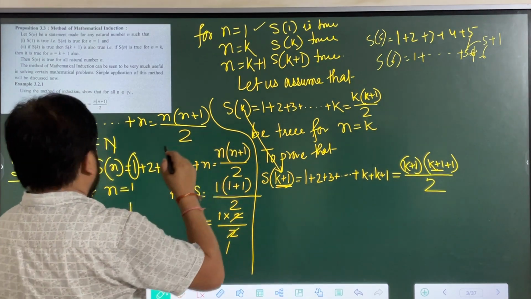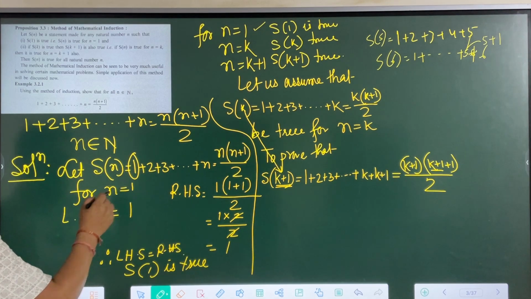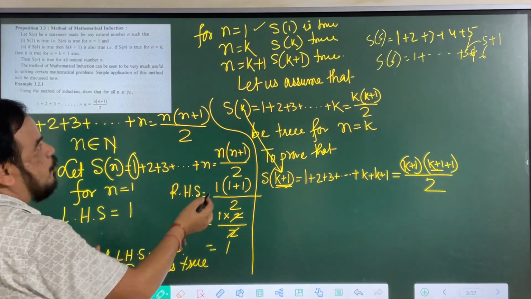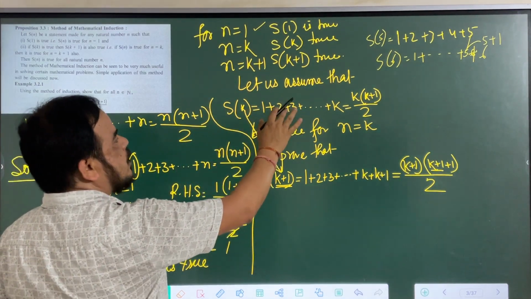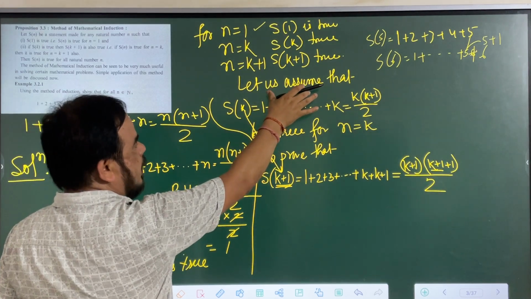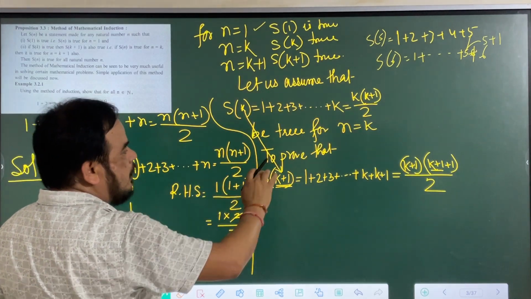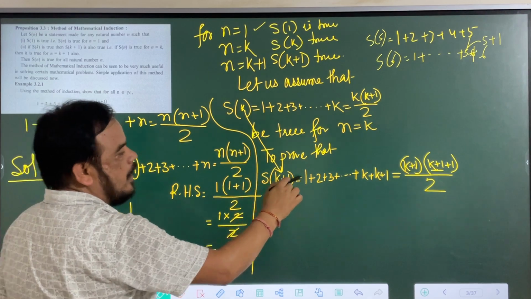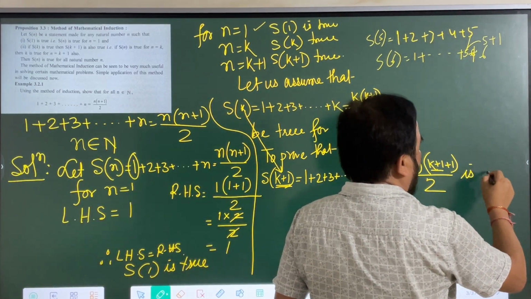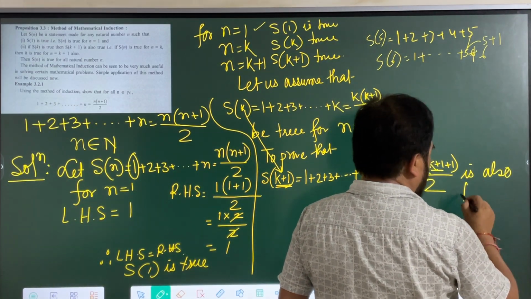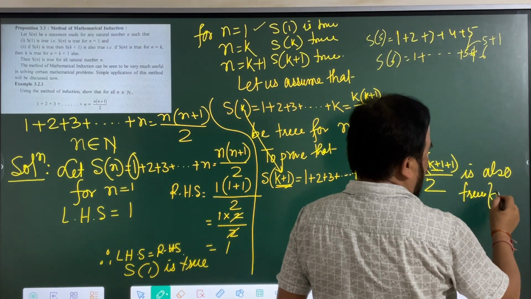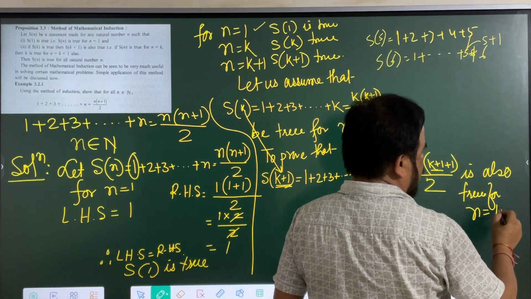Now, for n equals to 1, we have done LHS, RHS. For Sk, we have just assumed. We have assumed that this is also true. But now we have to prove Sk plus 1 is also true for n equals to k plus 1.